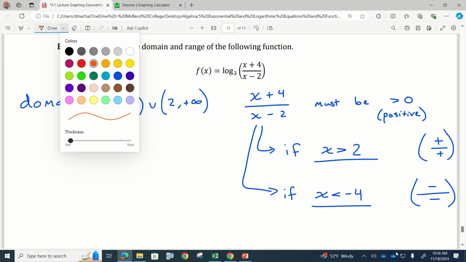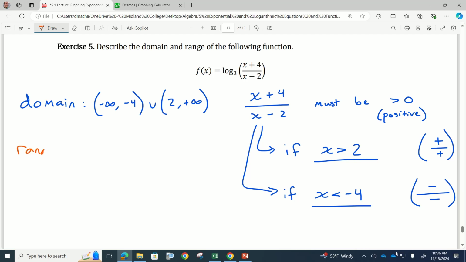And then we ask, okay, what about my range? The range is no less tricky. This function, x plus 4 over x minus 2, this is a rational function.